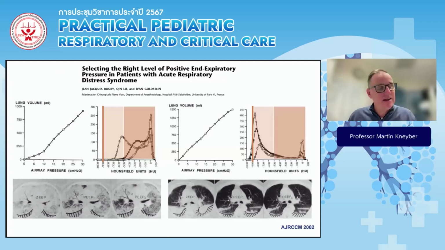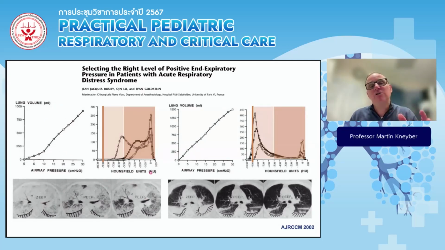And that is very nicely exemplified by this paper from Jean-Jacques Rouby, showing two patients, one patient with a diffuse ARDS, one patient with a focal ARDS. In both patients, PEEP was increased, leading to an increase in lung volume, as you can see from this cartoon.